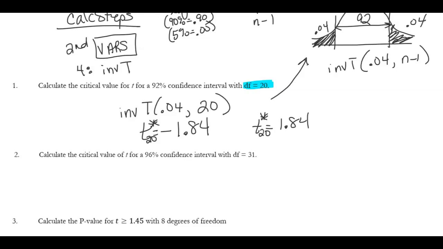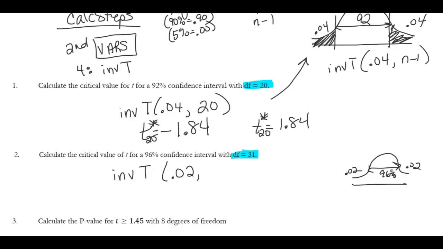Okay. All right. Let's try this next one. If I have 96% in the middle, then I have 2% over here and 2% over here. So it'll be 0.02. And again, this is my degrees of freedom, so it'll be 31.